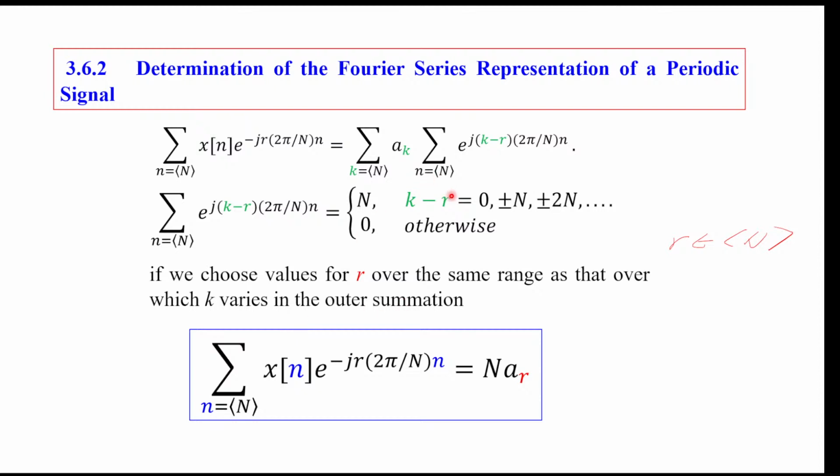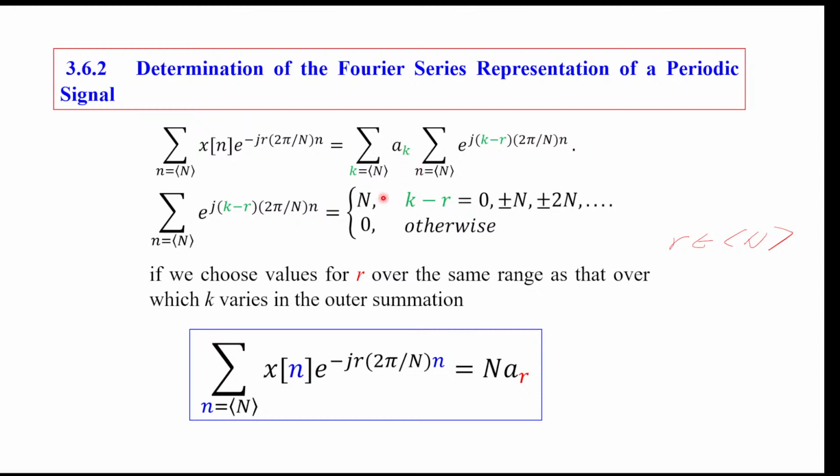So here we have k, right? So either r equals k or the summation equals 0. In other words, r is a fixed value, so basically k must equal r, or otherwise this thing is 0.